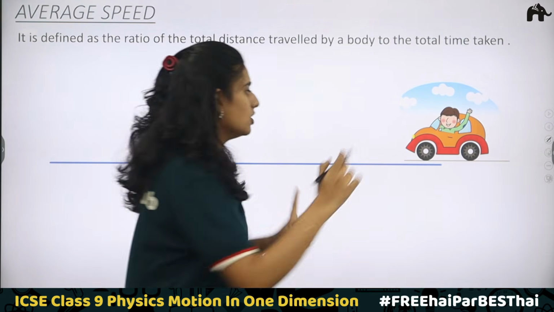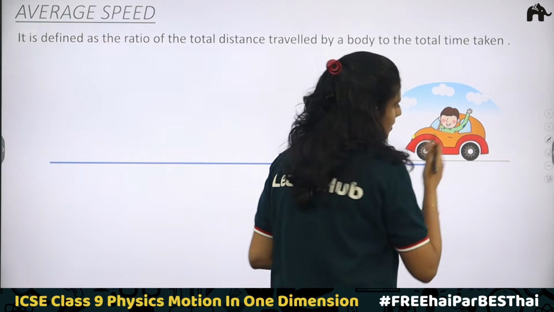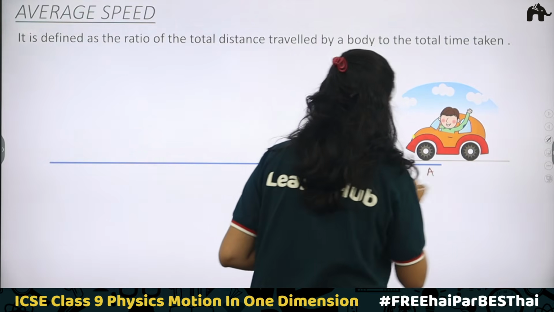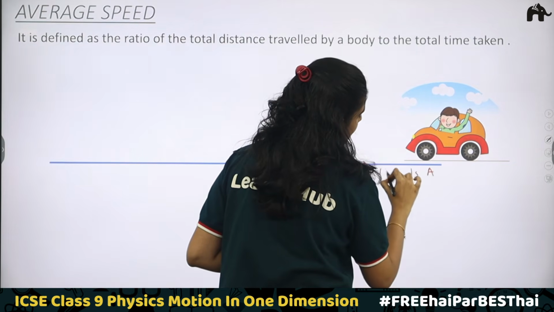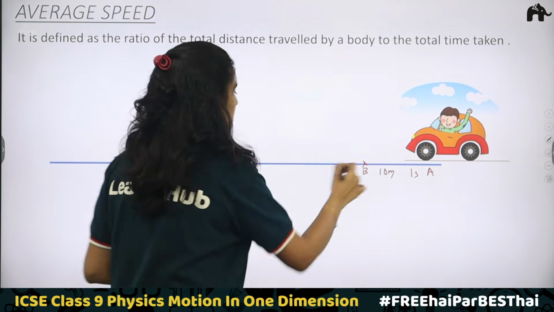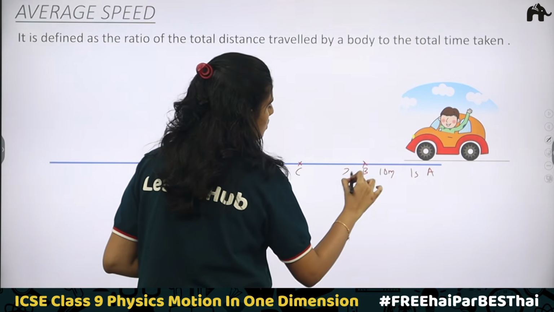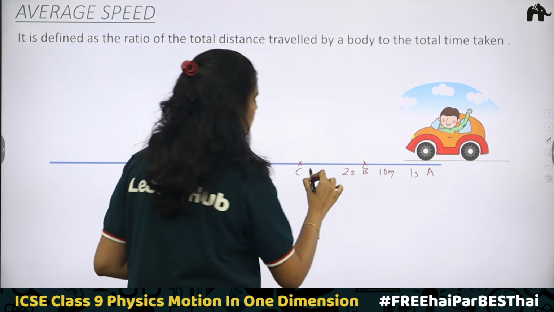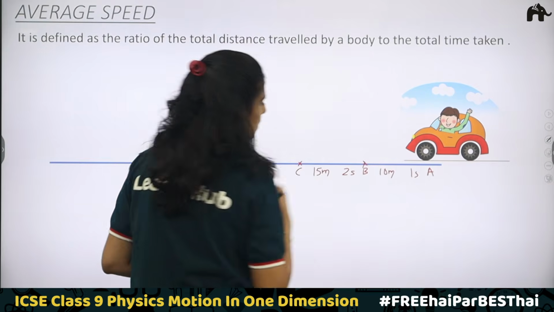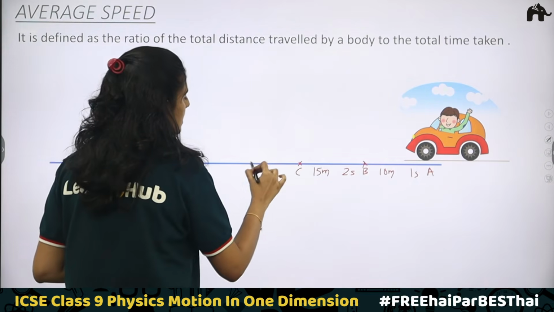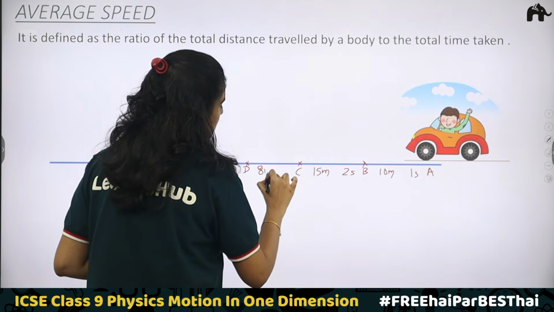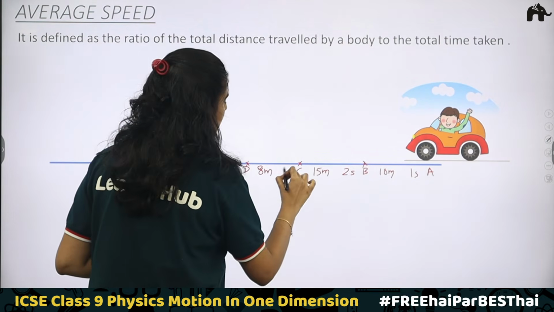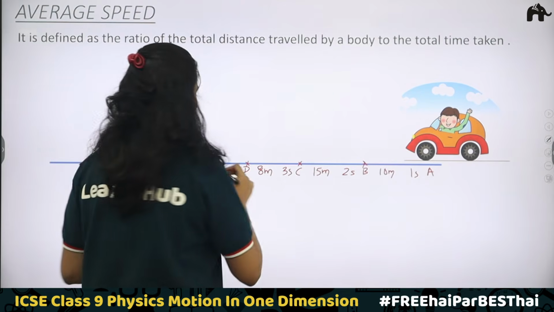Let's see how. Here, the boy is travelling in his car, starting from A and reaching the point B. Let's say in 1 second, he travels 10 meters. B to C, he travels 15 meters in 2 seconds. C to D, he travels 8 meters in 3 seconds.